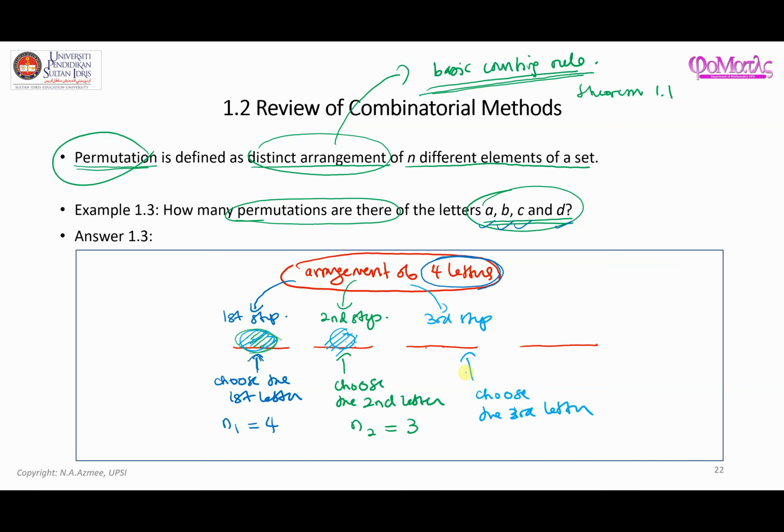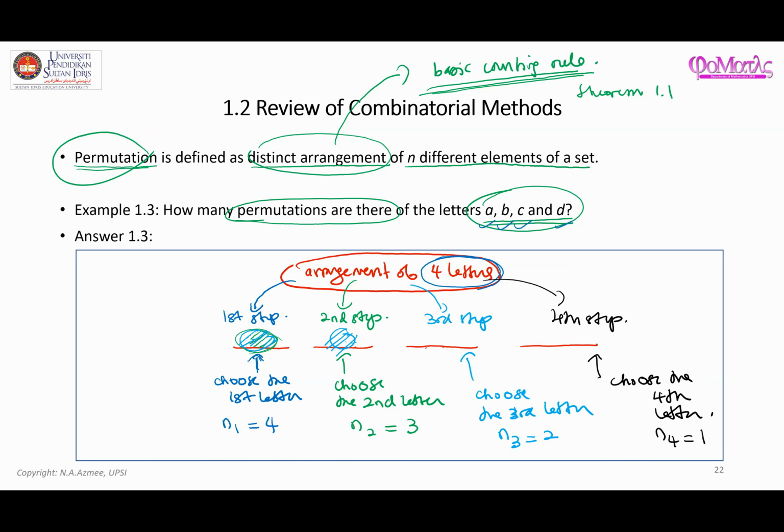Now the number of choices that we have is equal to 2, because you only have 2 letters left. Does it make sense to you? I hope it does. And the last step, the fourth step, is to choose the fourth letter, and basically you don't have any choice because you only have one left. So here n4 is equal to 1.